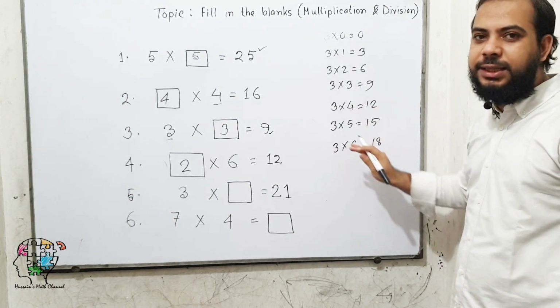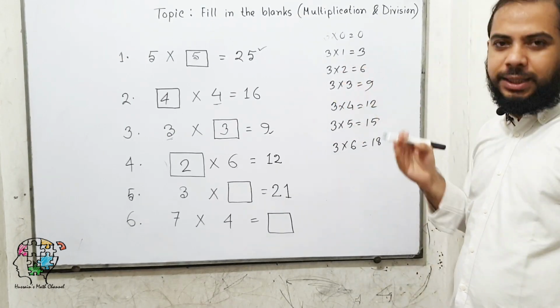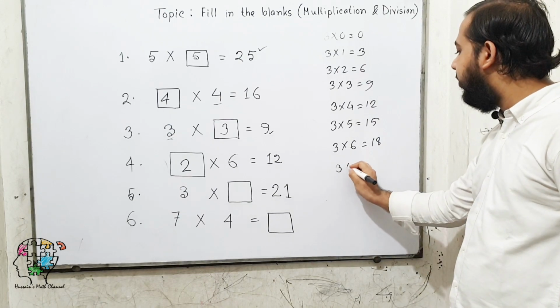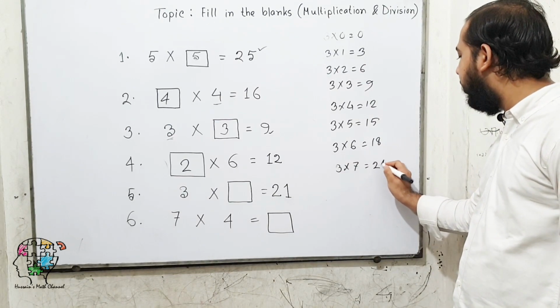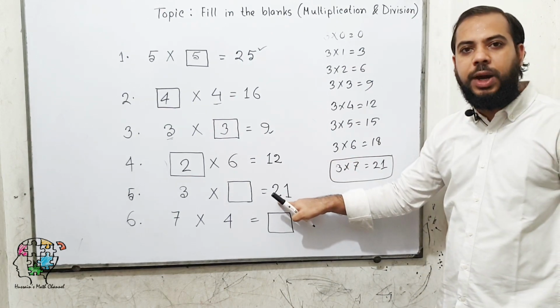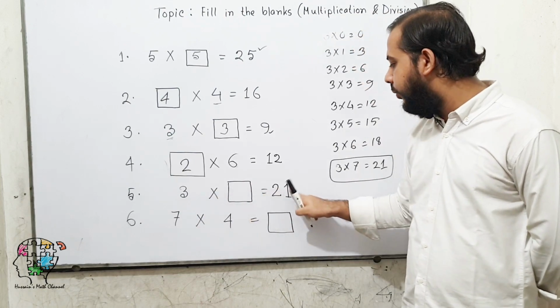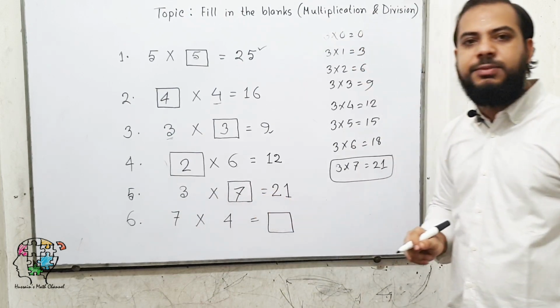You don't have to write this in the exam, you just do rough, or you can say it orally and then find the answer. 3 sevens are 21. So we already got 21. That means 3 times 7 is equal to 21. So the answer will be 7.